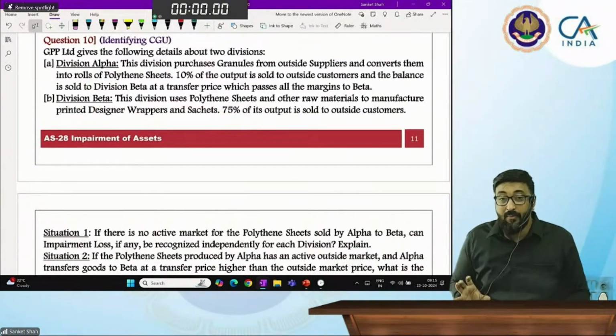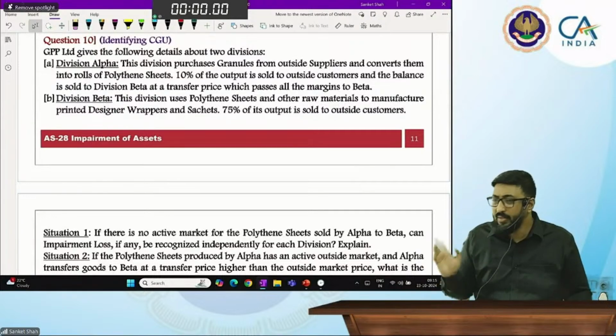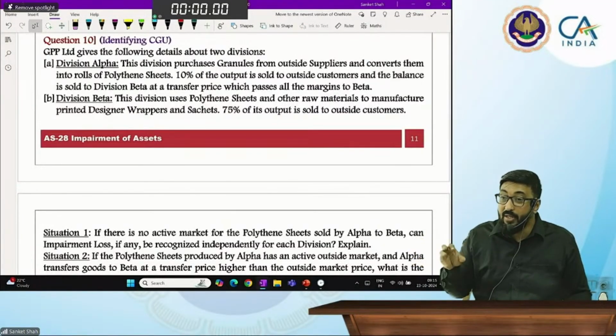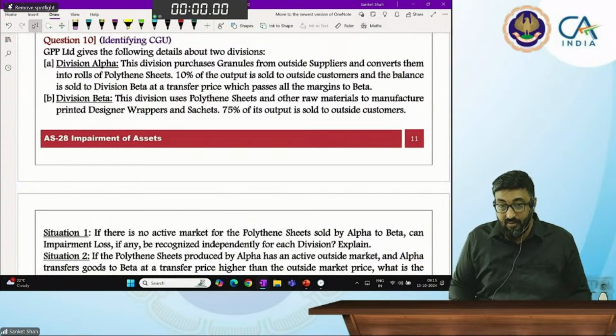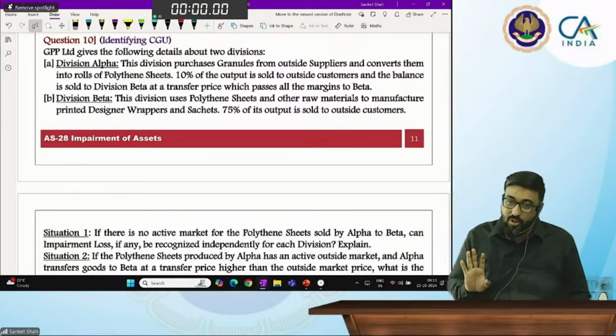Yeah. See, now here in my office, for example, suppose this is a big office, but there are different departments. One is for my teaching, one is for my professional services, and one is for my other services. So how many CGUs am I going to consider over here? Only one as a business or 3 CGUs? 3 CGUs.